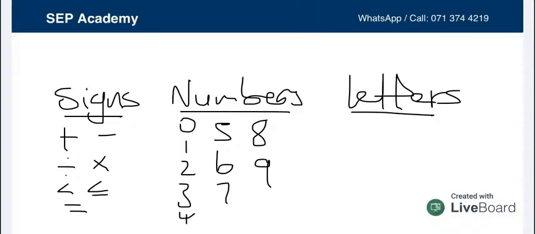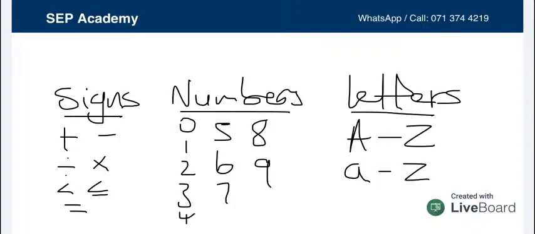So that number on its own is a combination of these 10 numbers. When it comes to the letters, it is those letters that you know, A all the way up to Z. It doesn't matter if it's in capital letters or small letters. So what I want you to be aware of is that maths is a combination of these three things.